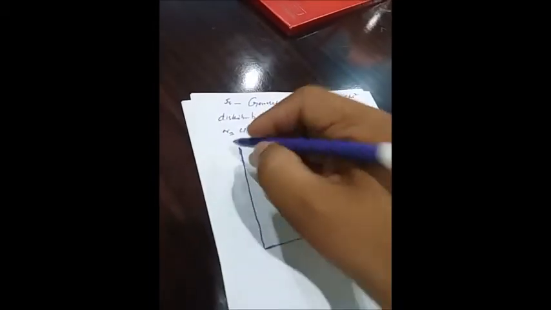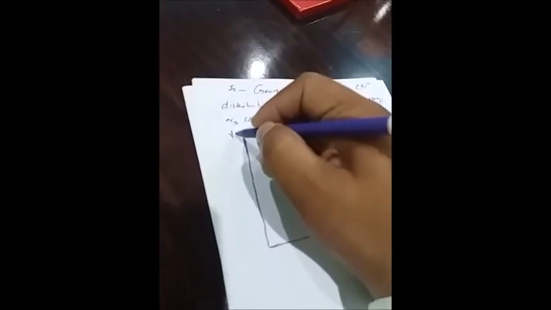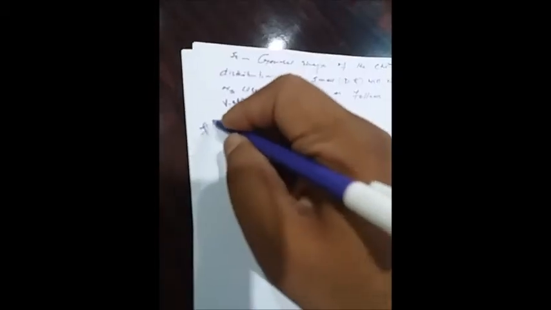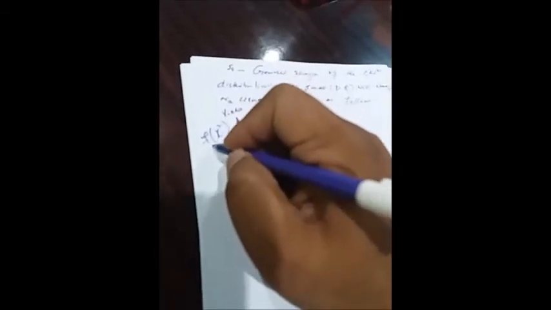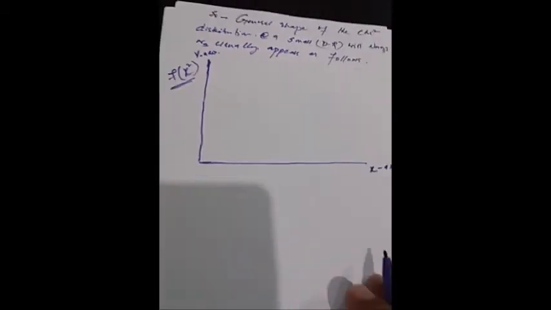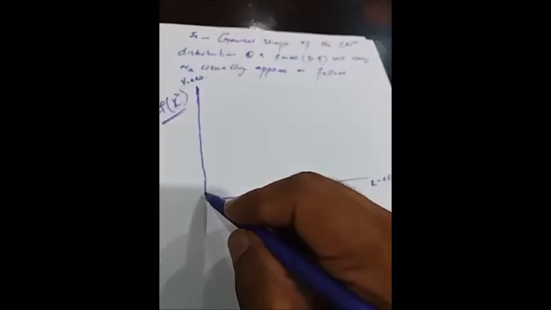Here, this line shows the y-axis and this is the x-axis. This is the function of the chi-square distribution.